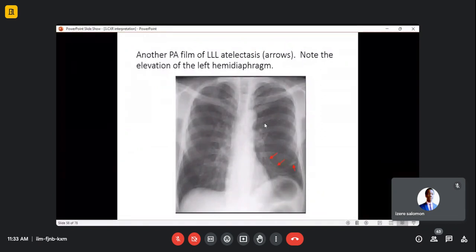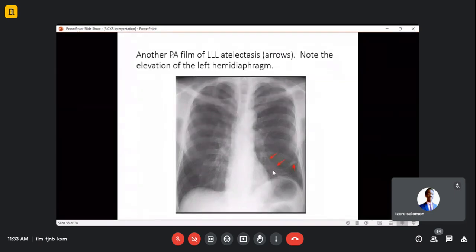And when you analyze very well, you see a vague opacity that is not supposed to be there. You see, there is an opacity here. Why here is it not looking like here? There is something wrong.